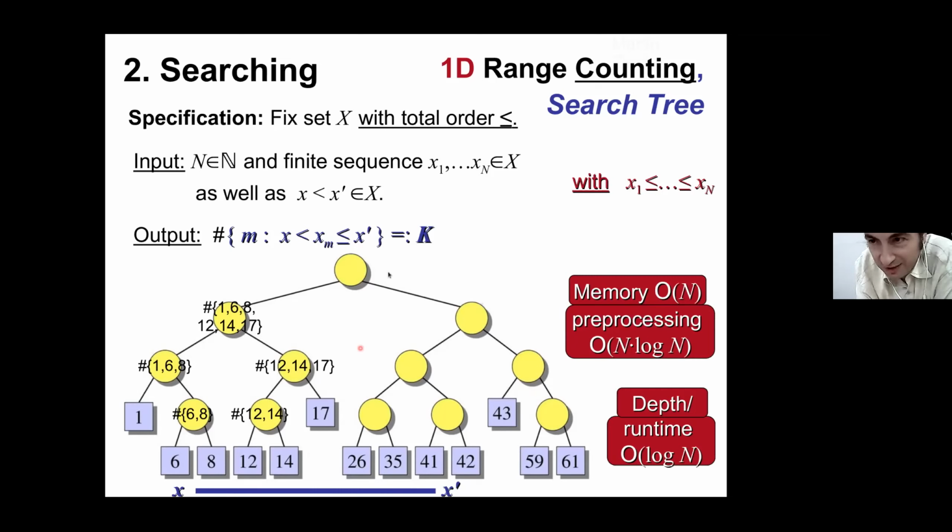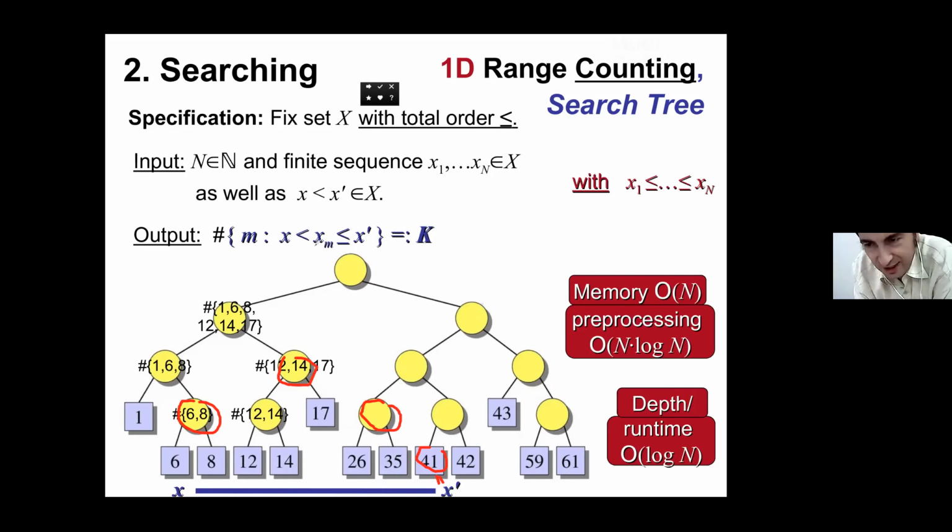So, for example, in this case, this node is there, this node is there, this node is there, and this node is there. So x prime is here. By adding the information that corresponds to the red circled nodes, you can get this number.